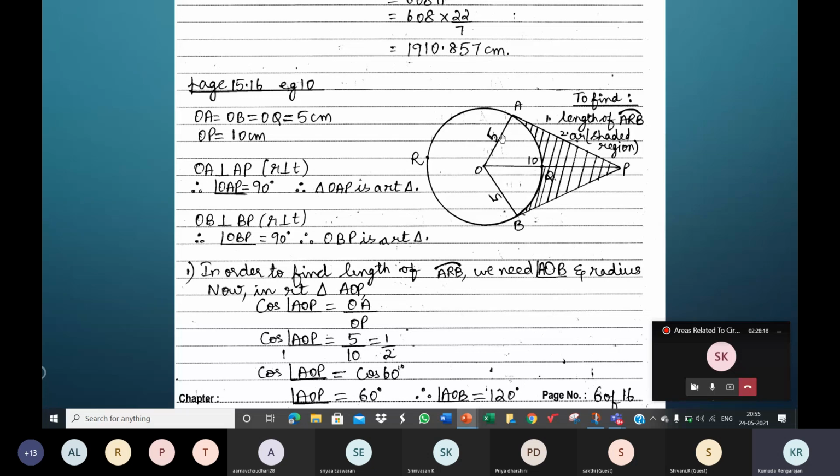Which is the side opposite to angle AOP? AP. Yes, the side opposite to angle AOP is AP. Which is the side adjacent to angle AOP?